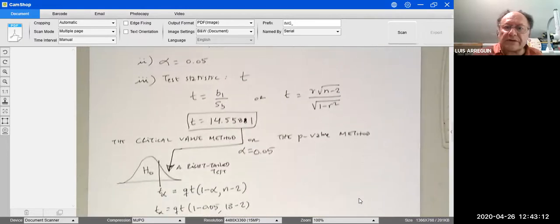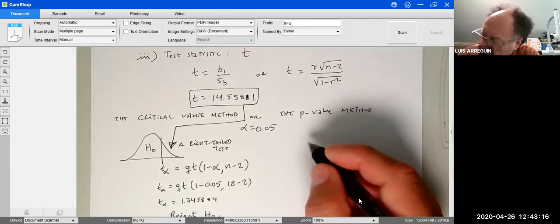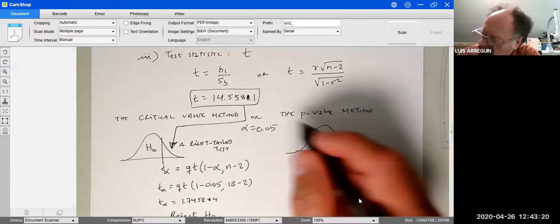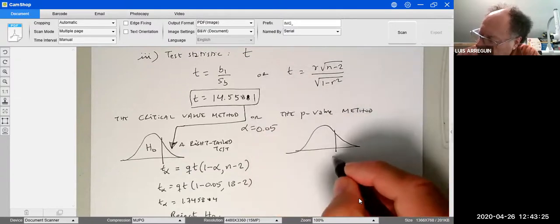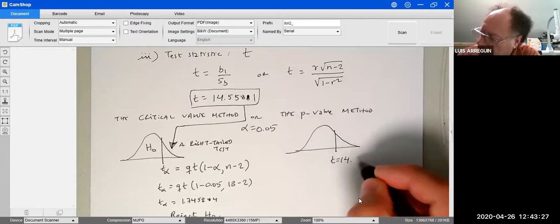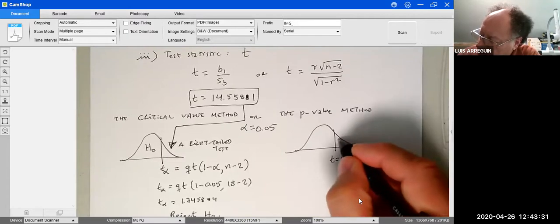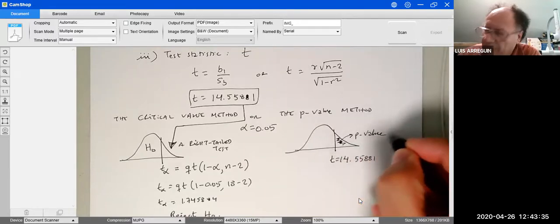So let's finish this. For the p-value method, we need to have our test statistic here. So you have here t equals 14.55, and we need to find this area. This is my p-value.